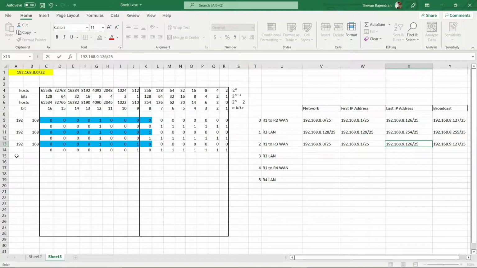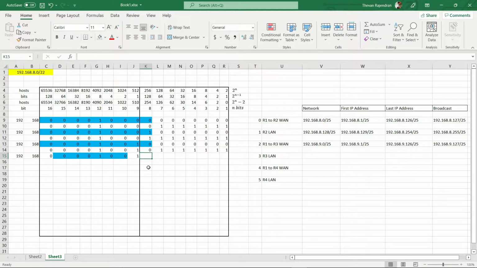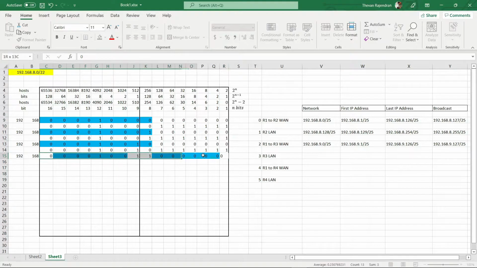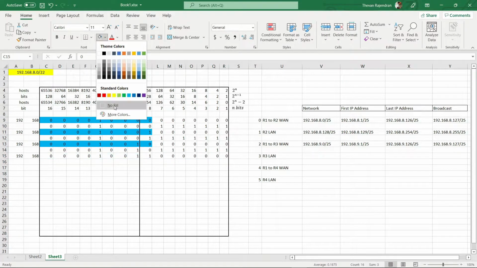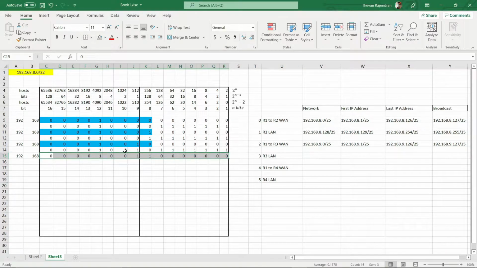So the next is R3 LAN 192.168.8. And for the next number, we will be adding 1 in the front. For all the subnets, we will be using only 120 hosts.